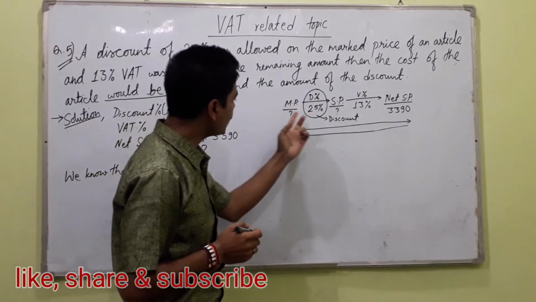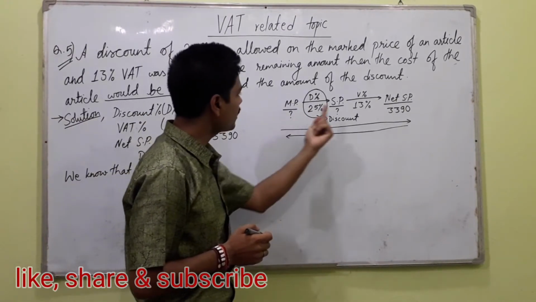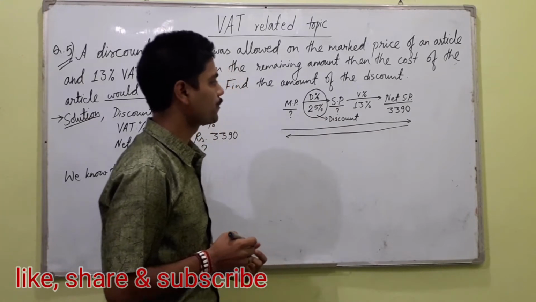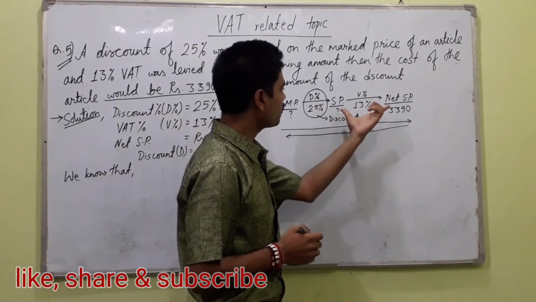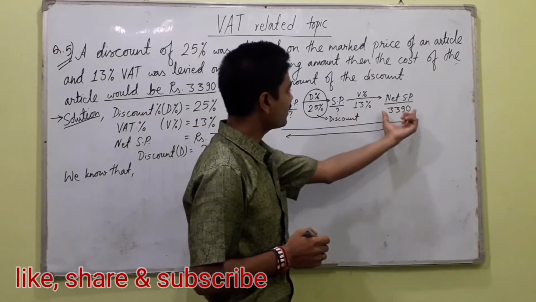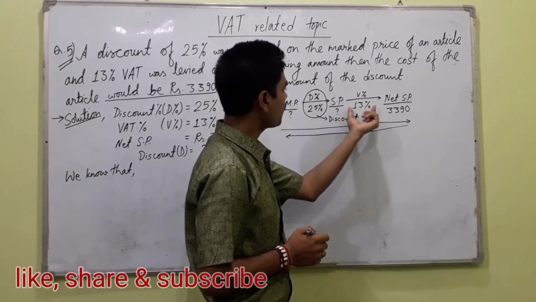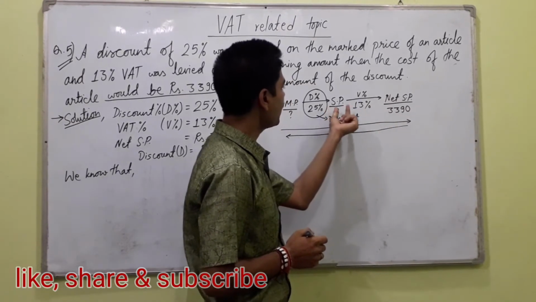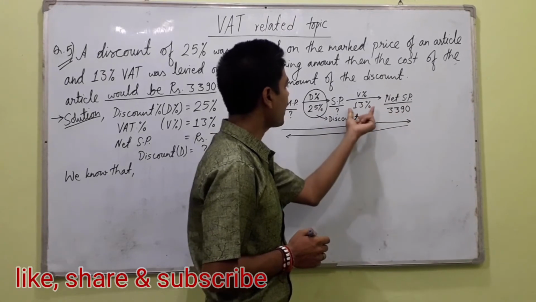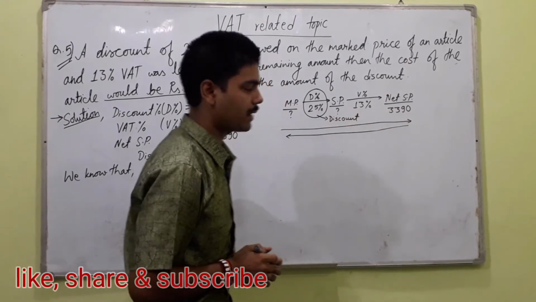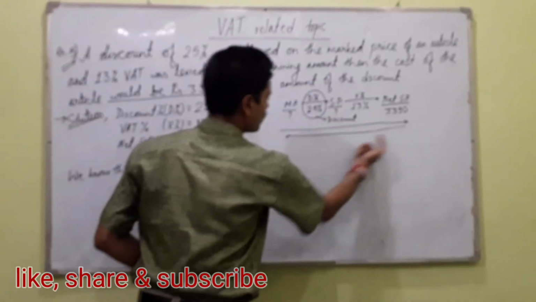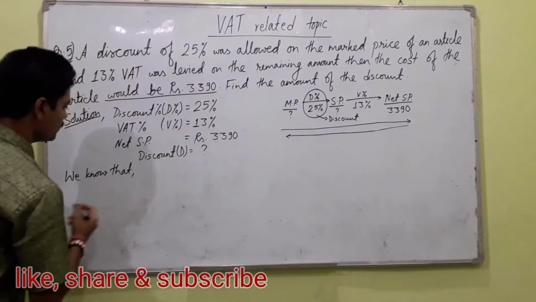Because here you can see neither the mark price is given, nor is the selling price known. Whereas in the second part, net selling price is known, VAT percent is also given. So with the help of net selling price and the VAT percent, we can find the selling price. So we have to come backward.